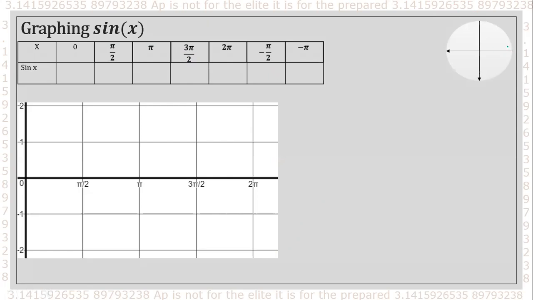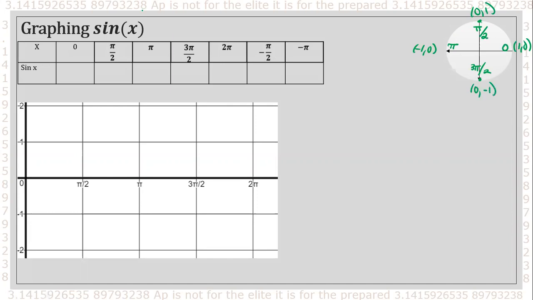We said this was 0 degrees, or the point 1, comma 0. This point is 0, 1, associated with pi over 2. Pi gave me negative 1 and 0, and 3 pi over 2, which is 270 degrees, gave me a coordinate of 0, negative 1.